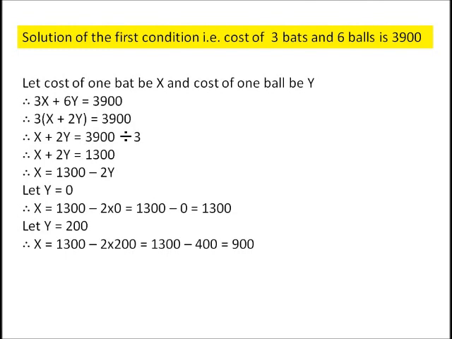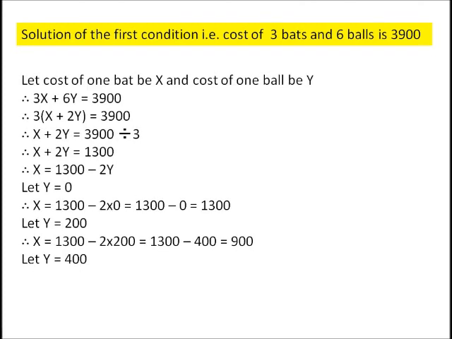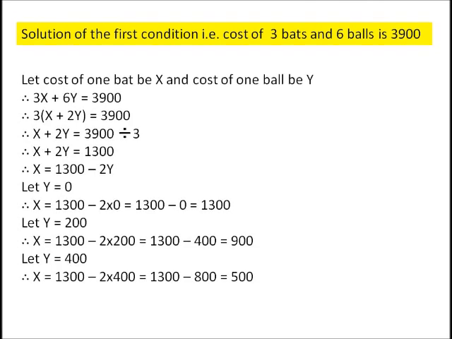Therefore, x is equal to 1,300 minus 2 into 200, which is equal to 1,300 minus 400, and that is equal to 900. Let y is equal to 400. Therefore, x is equal to 1,300 minus 2 into 400, that is equal to 1,300 minus 800, and that is equal to 500.